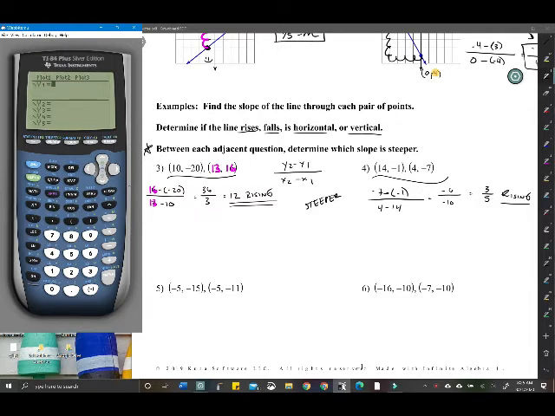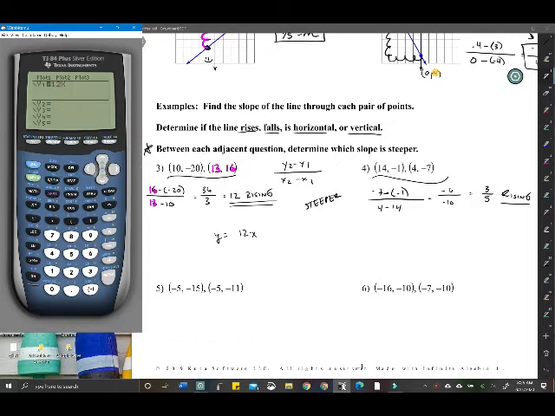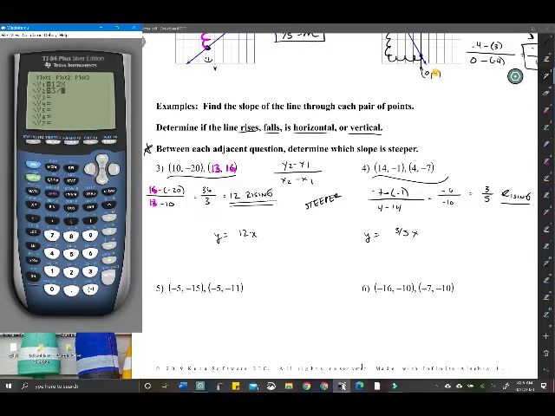Think of this as 12x. If we type in the calculator y equals 12x, and in the second graph, right below it, 3/5 x, and you hit graph, it's going to graph first the 12 and then the 3/5.